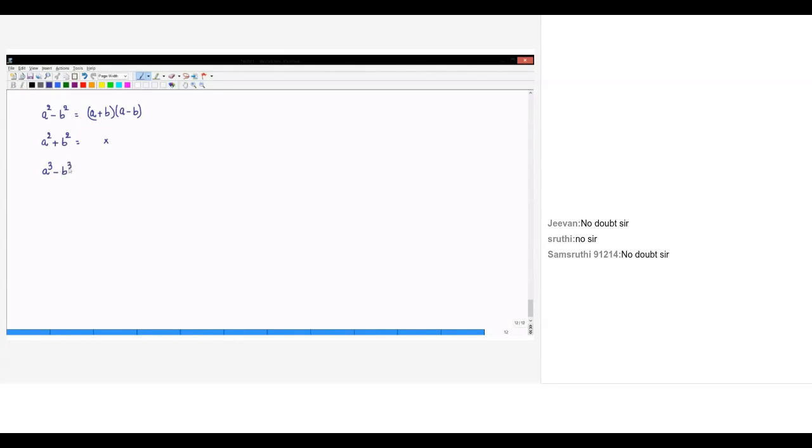A cube minus b cube, you can write it as a minus b into a square plus ab plus b square.